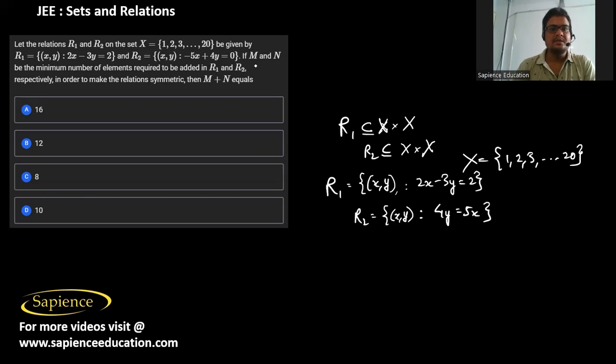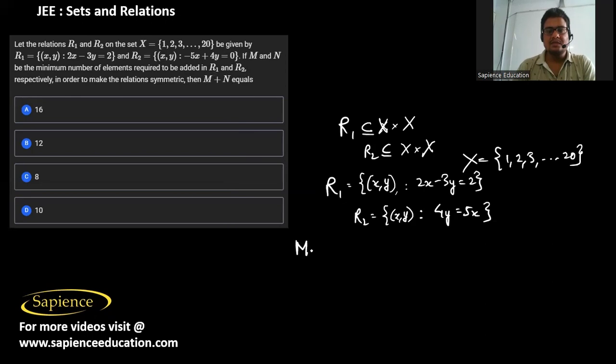If m and n are the minimum number of elements required to be added in R1 and R2 respectively to make the relations symmetric, then m plus n equals?